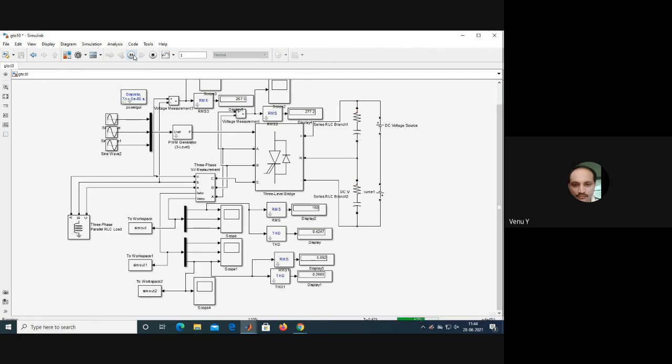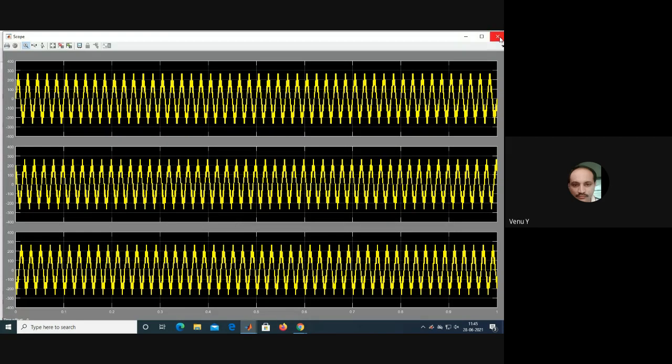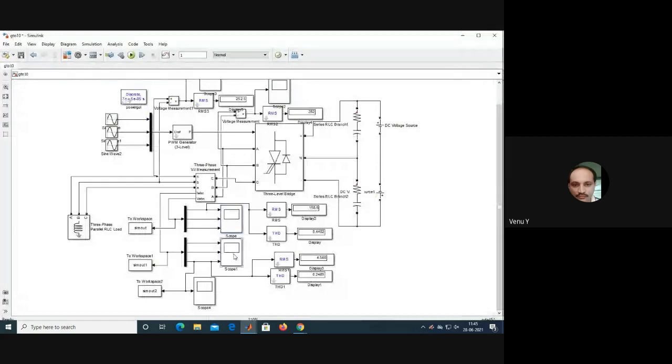Voltage source converter, multi-level converter, can be used as a STATCOM, SSSC, UPFC, IPFC, etc. So once you understand STATCOM very well, you are able to understand other devices.